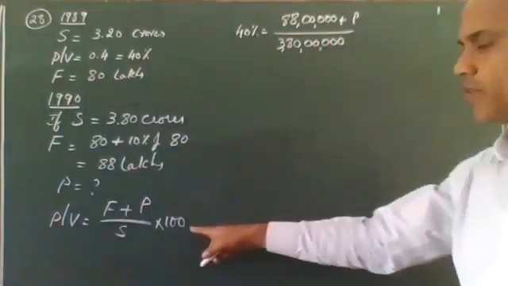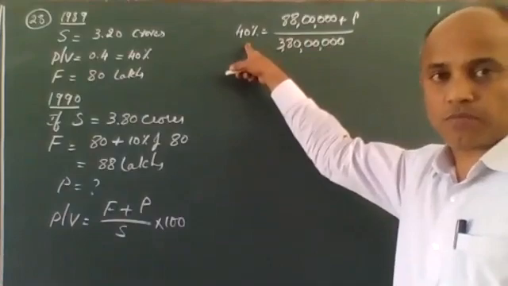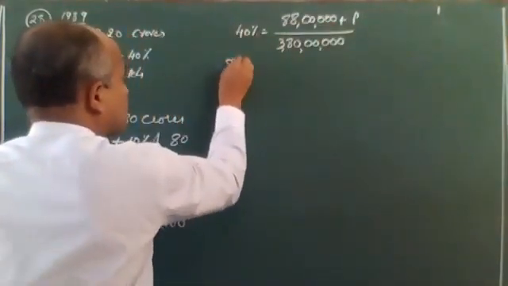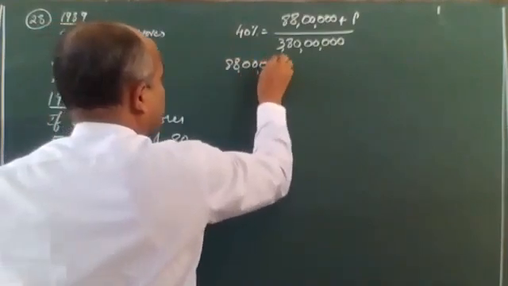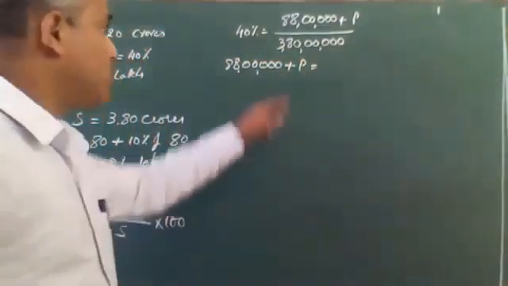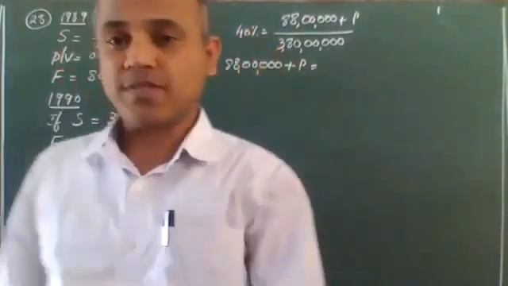Into 100 I need not write because it is already in percentage form. So cross multiplication gives me 88 lakhs plus profit is equal to 3.8 crores into 40%.